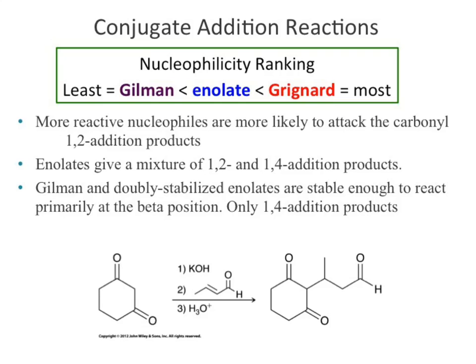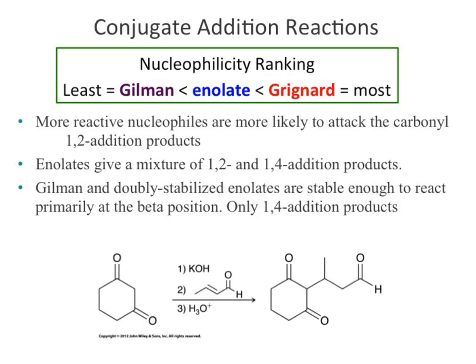So if we go through and take a look at these, our most reactive nucleophiles, like the Grignards, will attack in a 1,2 addition because we're trying to neutralize that ridiculous negative as quickly and swiftly as possible. The only way we can do that is to get it to react with the most positive carbon, which will be our carbonyl. If that process is not reversible, I've now lost my nucleophile and I'm done. So I can only do the 1,2 addition.